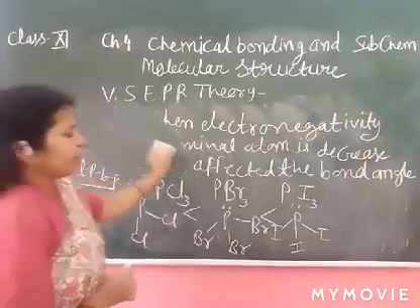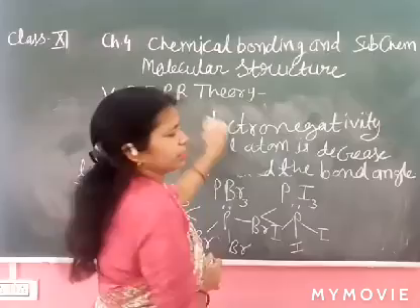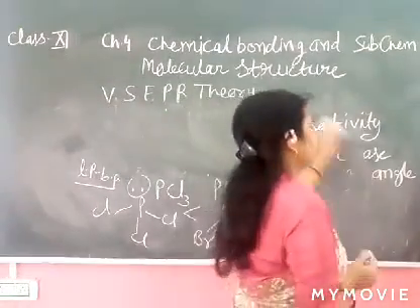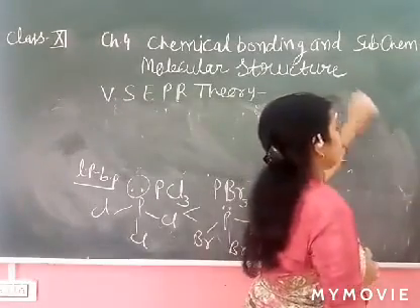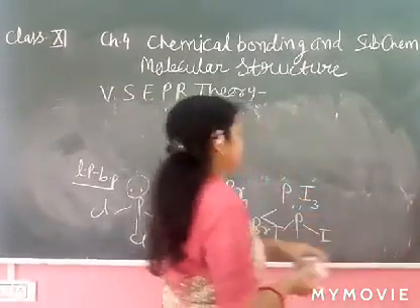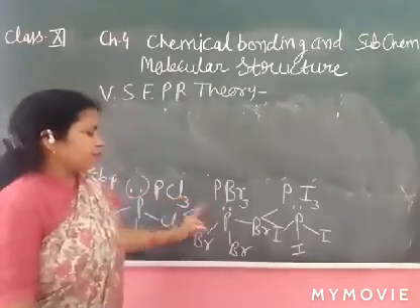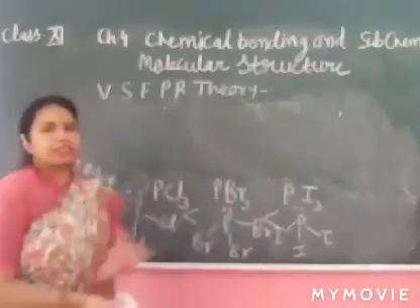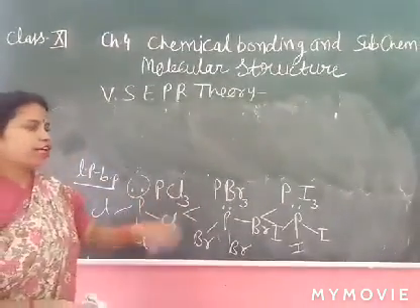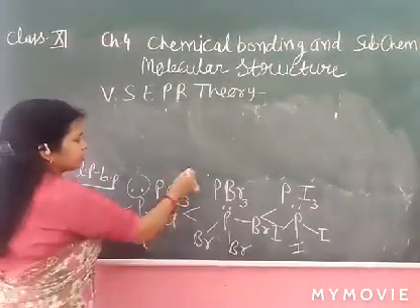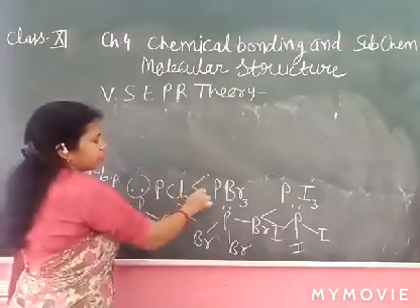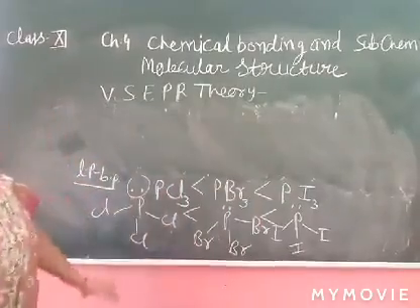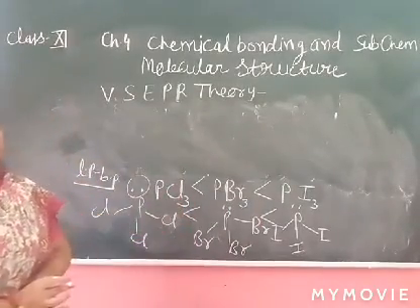So bond angle is affected by the electronegativity of the terminal atom. Terminal means the end atom. Phosphorus is the center atom; chlorine, bromine, iodine are the terminal atoms.